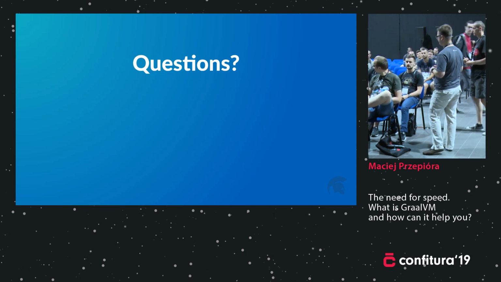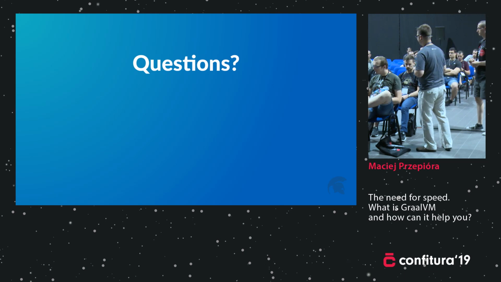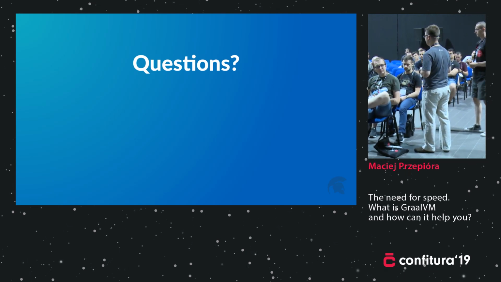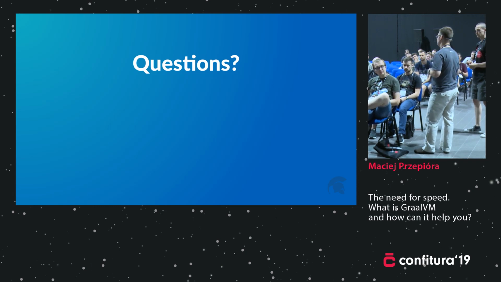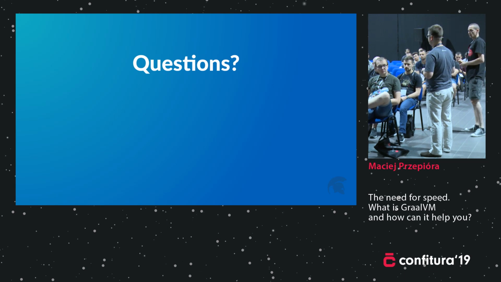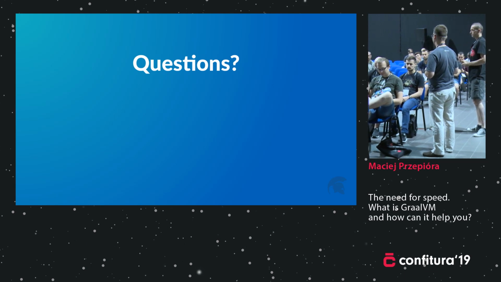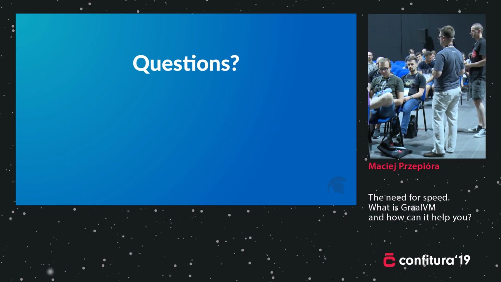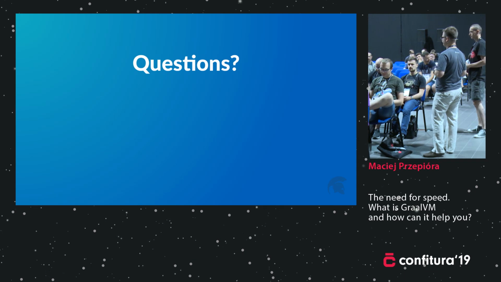Okay, one more question. Have you tried tuning the Graal compiler to achieve less CPU usage? Well, I haven't used it in production yet. But my default SDK is actually GraalVM right now, based on Java 8 SDK. So, okay.